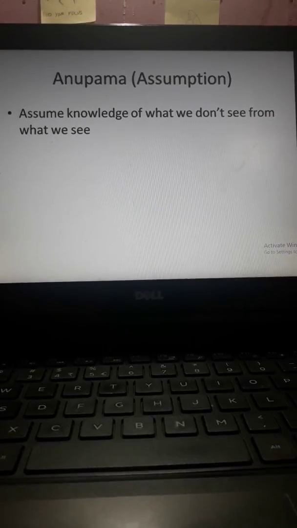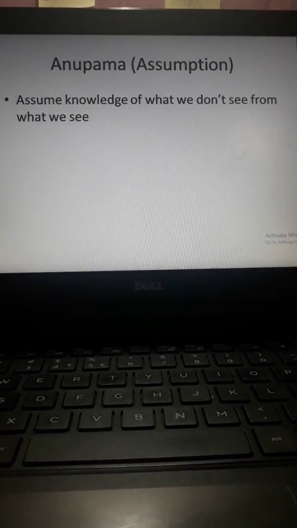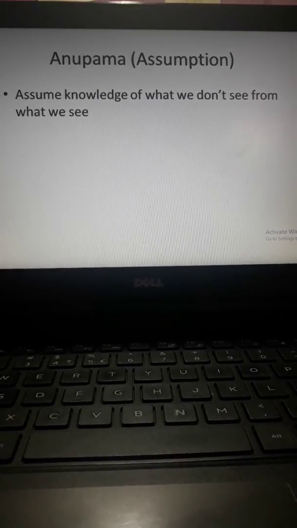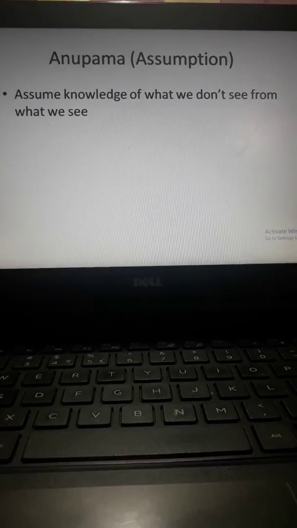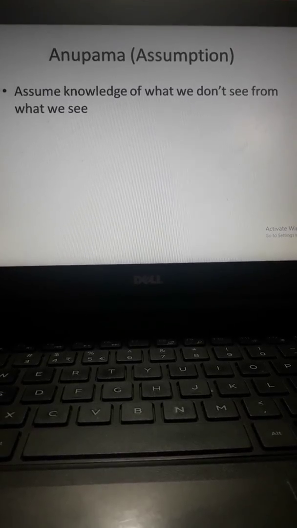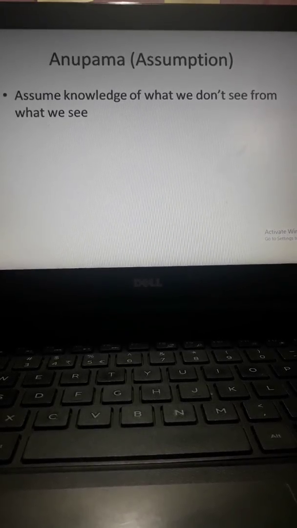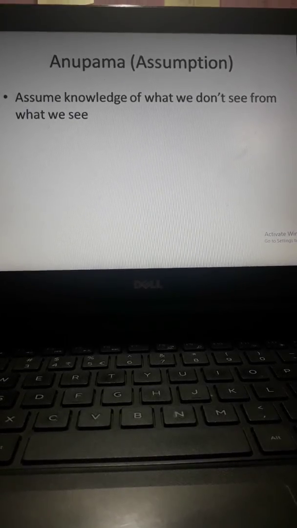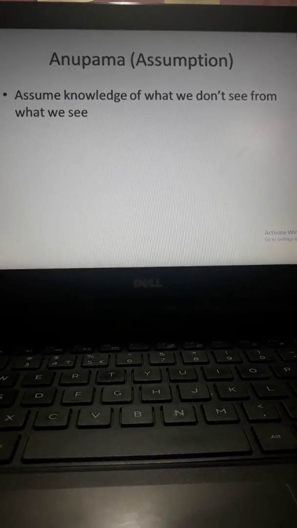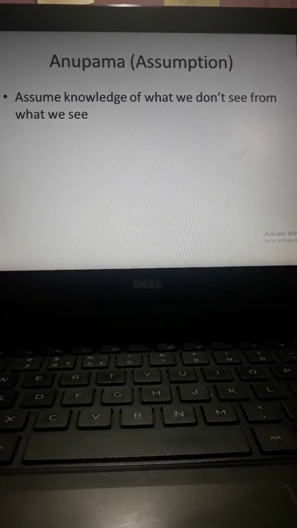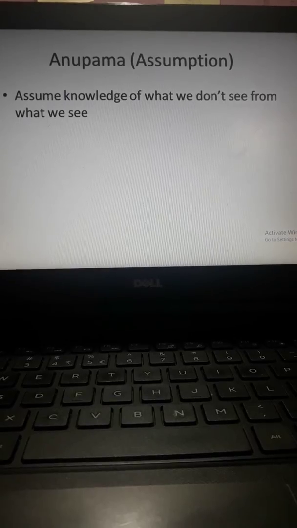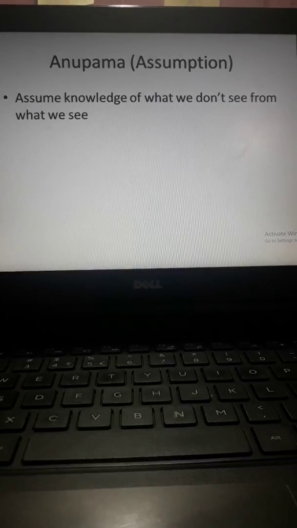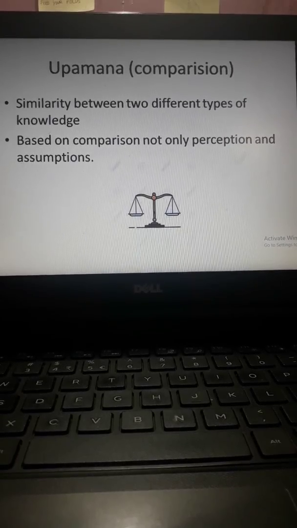For example, let's say there's a family of 2 siblings, and we only see one sibling, and we can somewhat think about what the other sibling looks like. If one looks beautiful, then we may also think that the other might also look beautiful. This is the anumana.